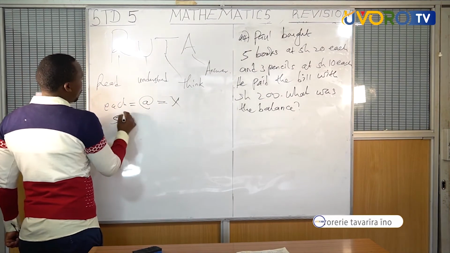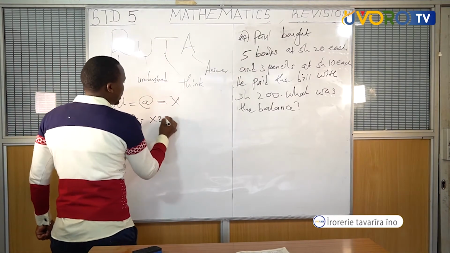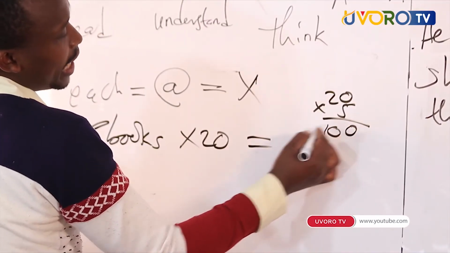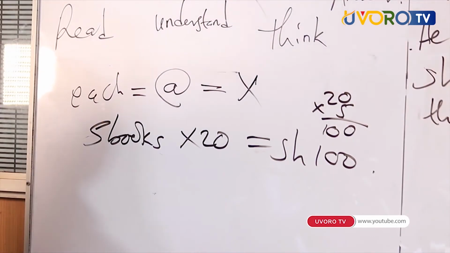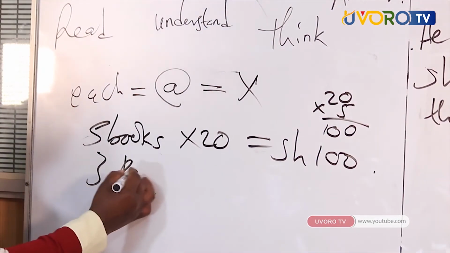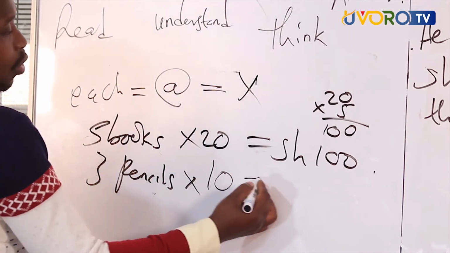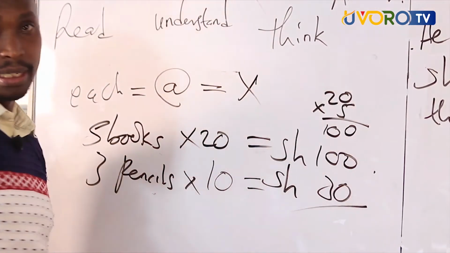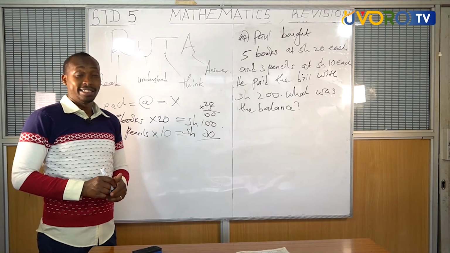So you have 5 books, you multiply by 20. What is 20 times 5? 0, 10, shillings 100. Another one, 3 pencils. You multiply times 10. What is 3 times 10? Shillings 30. Now, what did you do? T for thinking. You add.